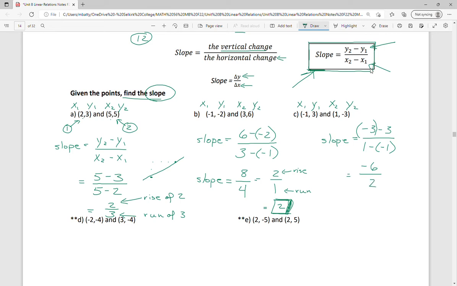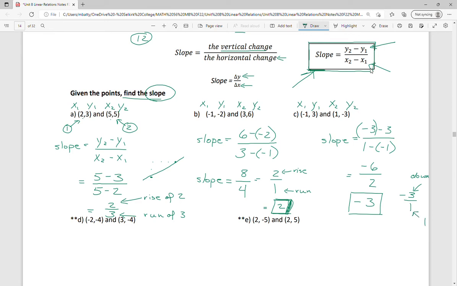And again here, you can see that we don't have it in lowest terms. I could change this to a negative 3 as my slope. And really what that means is that it's a negative 3 over 1. So this is the case of a negative slope from at the top. So that means that we're going to rise, or go down, 3 for a run of 1.